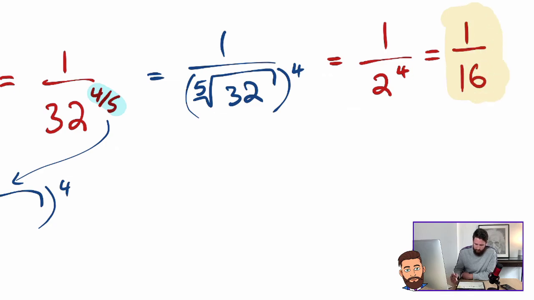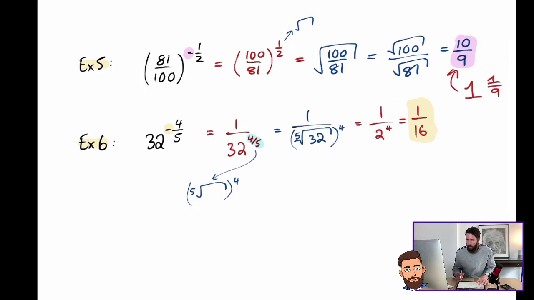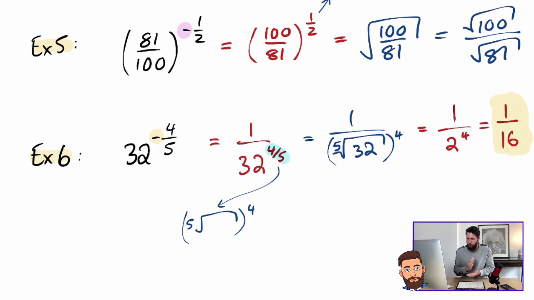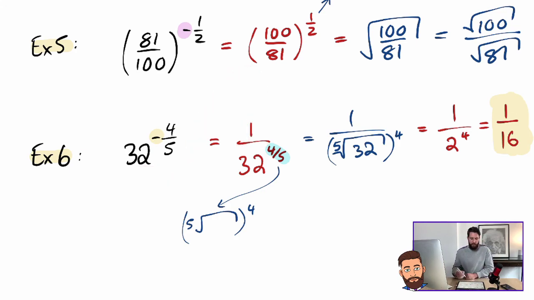So again, quite involved, but it's just knowing that that minus means you write the reciprocal, in this case 1 over, and that is the key, knowing 32 is 32 over 1, which is a real basic maths law, but students often forget. Reciprocal of that, flipping it, would give 1 over 32. And then from there, you just use your fractional power law.